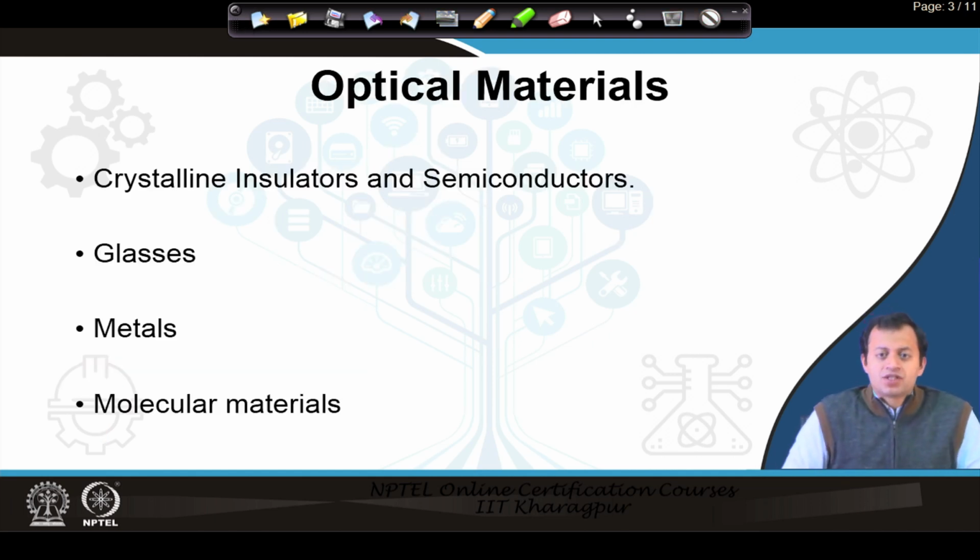So, based on the various refractive indices and how light can propagate through them, we can classify materials. Materials can be classified according to their optical properties, and thereby we can roughly classify materials into crystalline semiconductors, glasses, metals or molecular materials.